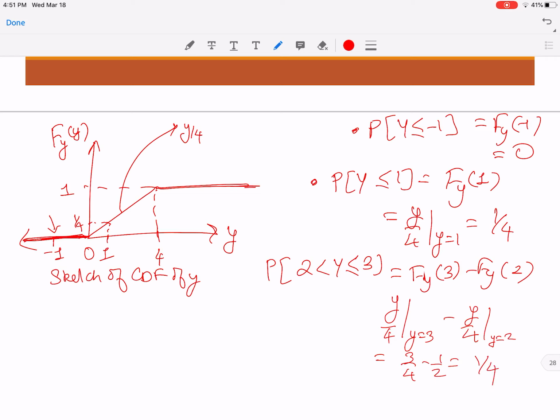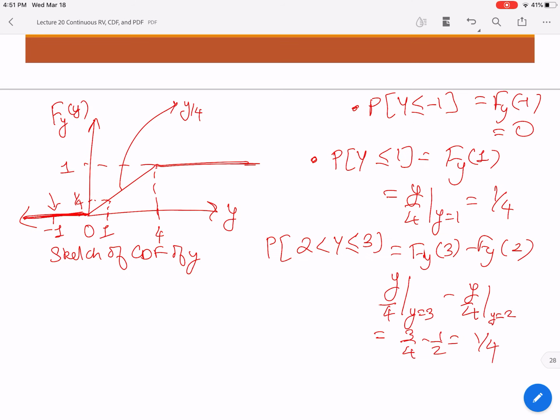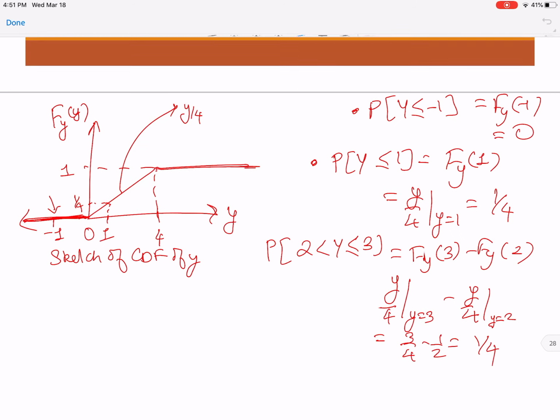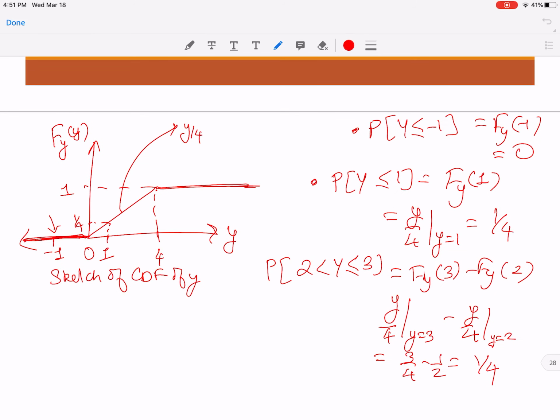So that's the probability that y is greater than 2 but less than or equal to 3. Now this brings me to a very important point right here. When you talk about probabilities for continuous random variables being in an interval, whether the endpoints are inclusive or not does not matter. Meaning that right here, we are talking about y belonging to 2 exclusive but 3 inclusive. We are interested in that probability.